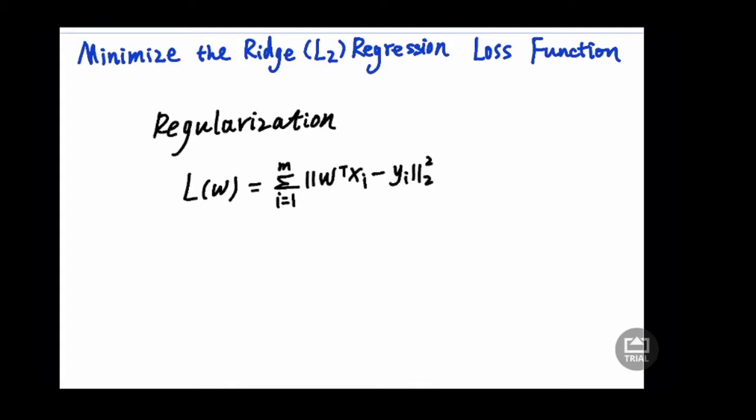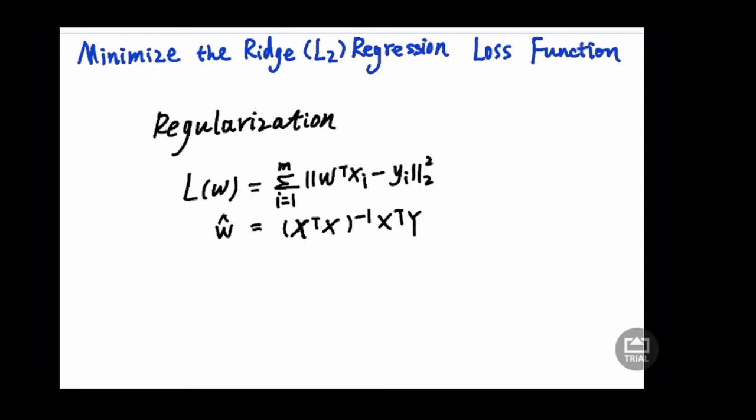By minimizing this function, we will get the optimal W. It has a closed form solution: W hat equals (X transpose X) inversed, and then X transpose y.